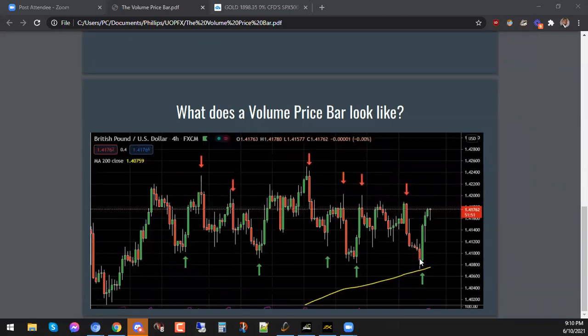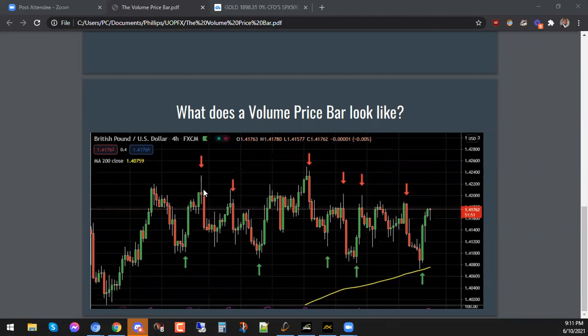So here we have another volume price bar. Here you can see that we have a big candle. It has a small body. Sorry, it has a big wick. It has a small body in this case. We could also look at this one as a volume price bar. And why is that? Simply because this wick that we're looking at on a lower time frame is actually a big green bar.